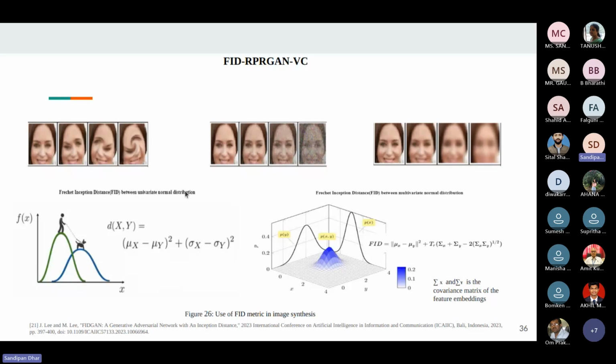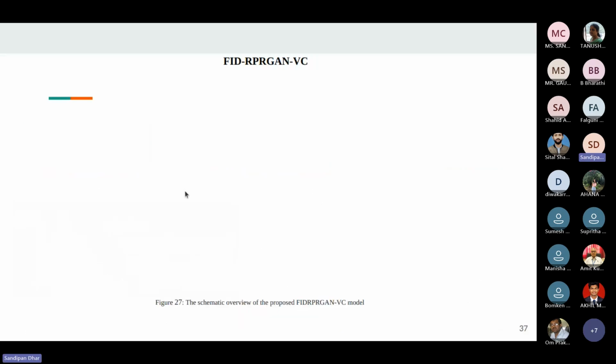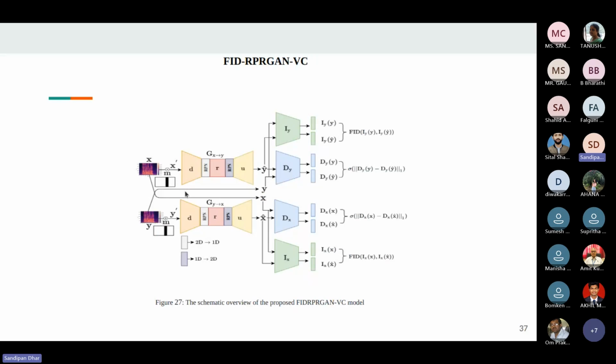In our generated mel spectrogram also, the pattern is basically formant patterns. To understand whether the FID metric can also work well for tracing the formant patterns, we borrowed it from the domain of image style transfer, and we obtained pretty good results.